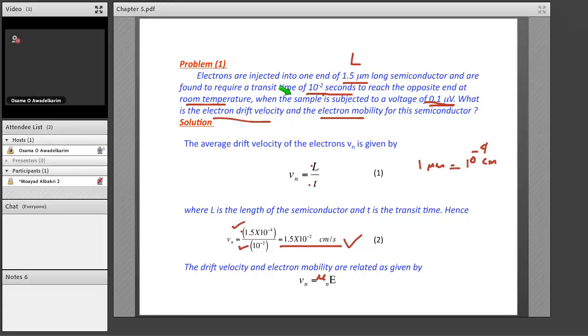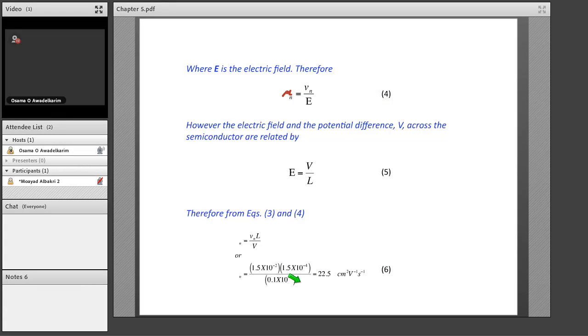Mobility mu n is just Vn divided by E. Now what do we have? We have Vn. Do we have E? E is V over L. I have V as 0.1 microvolts and I have L as 1.5 micrometers.